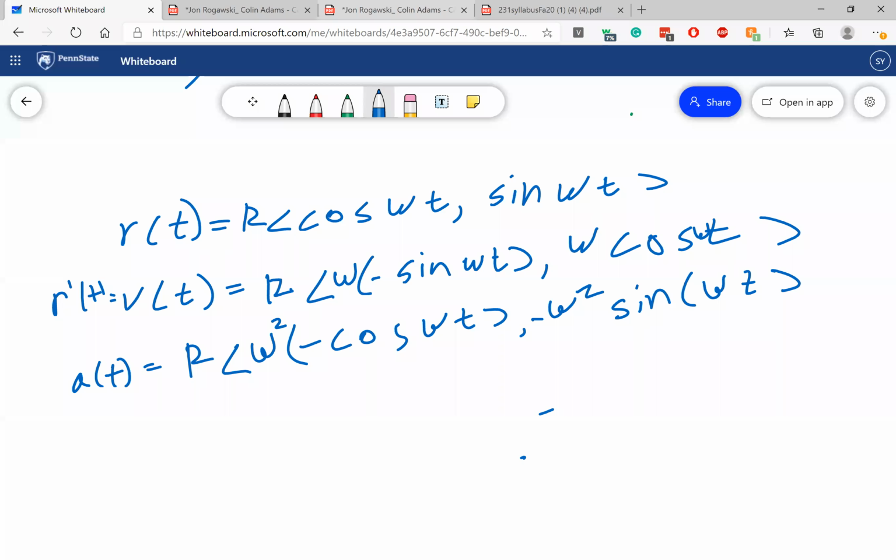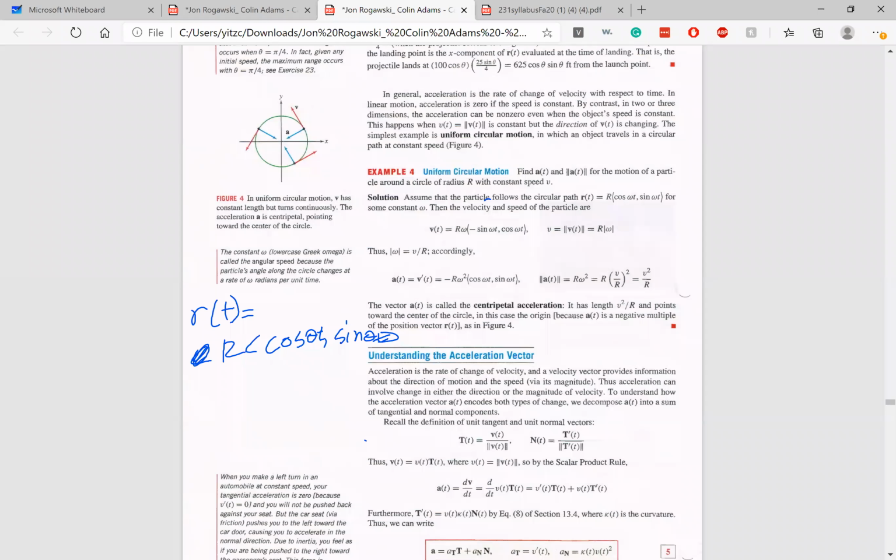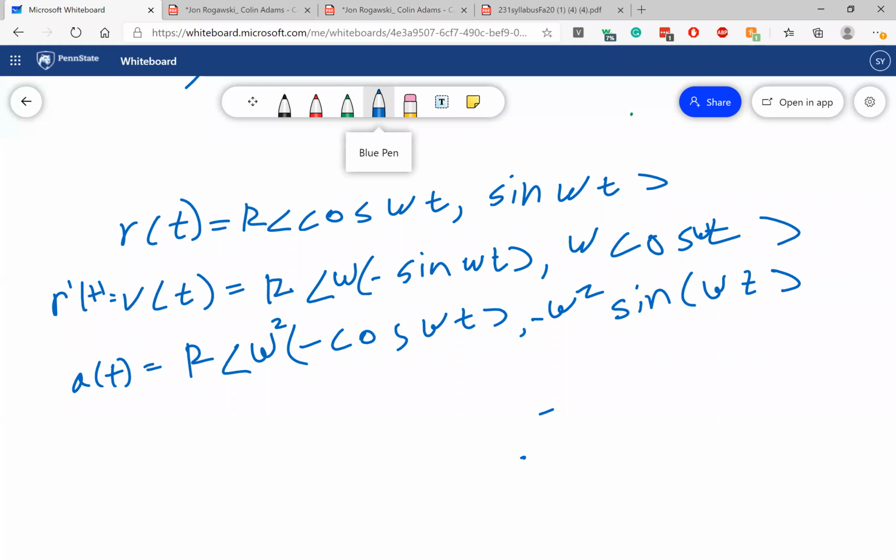So what else did they want? Oh, and they want the magnitude of this. So that's going to be equal to, we can think about putting the r inside. We take the square of these two things, and this and this squared is going to be 1.